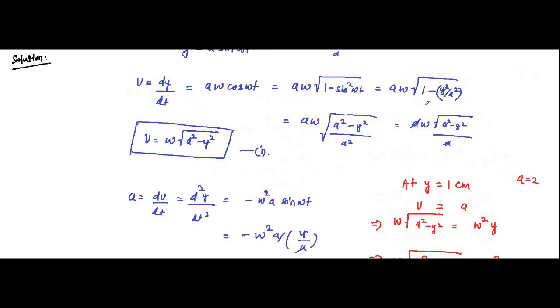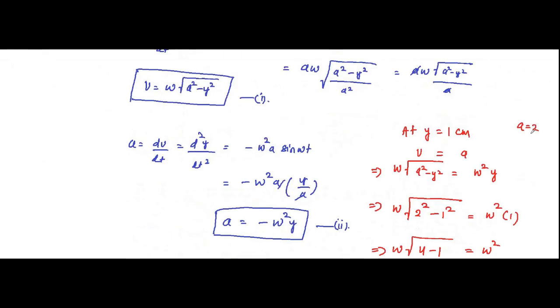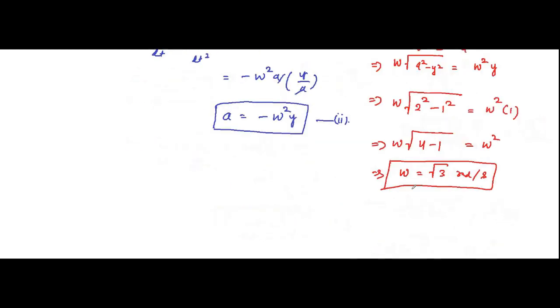Here the amplitude of oscillation is 2 centimeters, so a is equal to 2. At y equals 1 centimeter, the instantaneous displacement from the mean position, velocity is equal to acceleration. So from this we equated the magnitudes, and we got omega, the angular frequency, equal to root 3 radians per second.